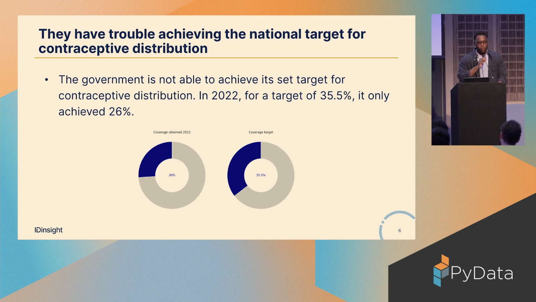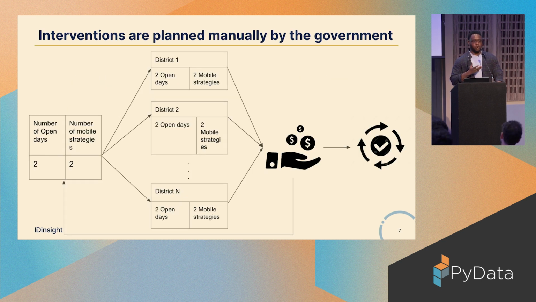So before we understand why they were not able to reach the coverage targets, let's take a look at how they plan those interventions during the year. Ideally at the beginning of every year, based on intuition, they will try to decide on a number of open days or mobile strategies that they can implement during the year.